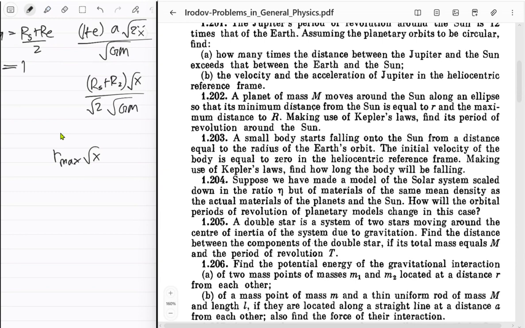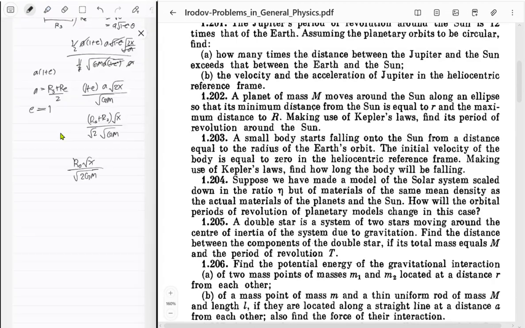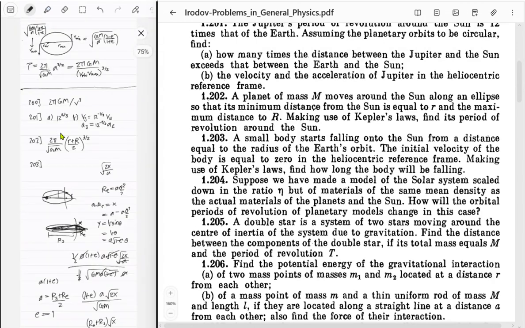So R naught. That should make sense. So R naught square root of x upon square root of 2GM. And this probably matches up with that formula. Okay, you don't have the 2GM or whatever, but it works out, doesn't it? Perfect. This is looking good, I guess.